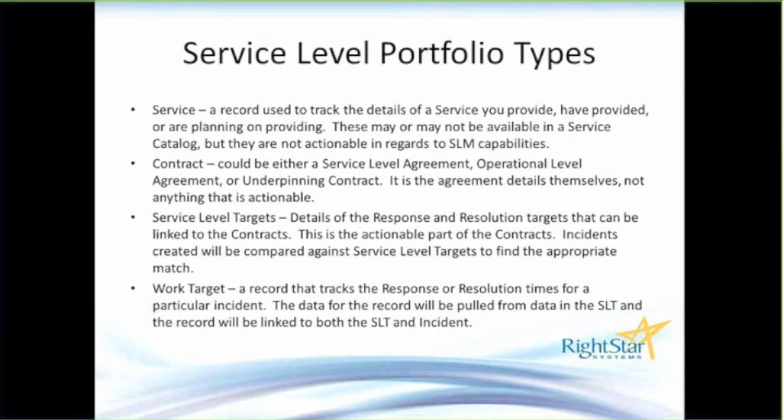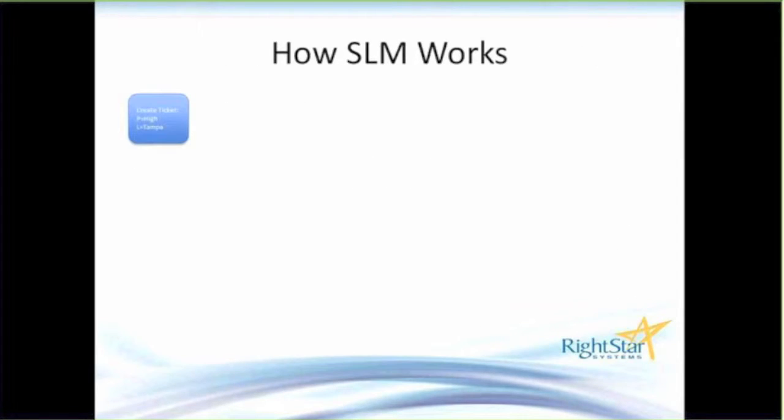The fourth thing that we'll see, and these are created for you automatically inside of Service Core, are the work targets. So now what I'm doing is tracking or recording how I've progressed with that specific target, okay? And so if we take a look at this, just a quick workflow. Let's say I'm entering a ticket, and I've got all my ticket details, and I've put the priority at high.